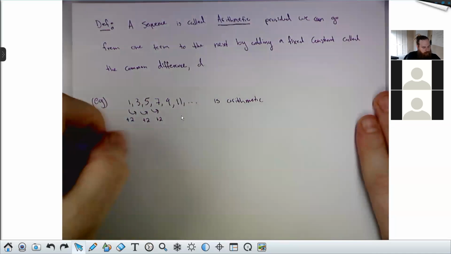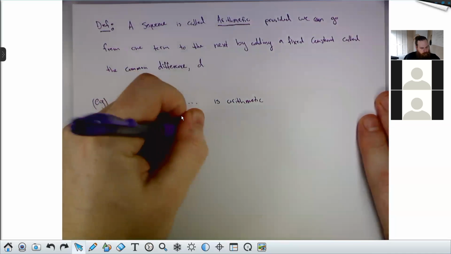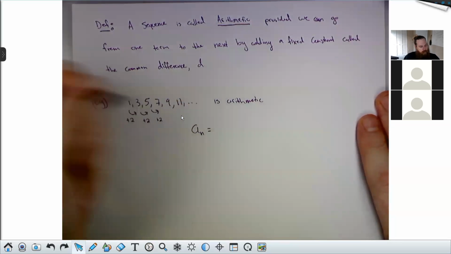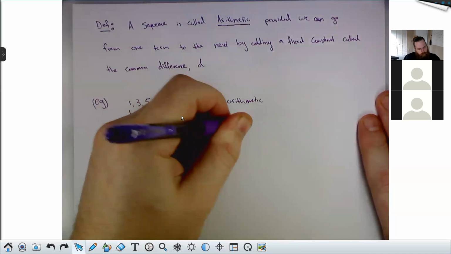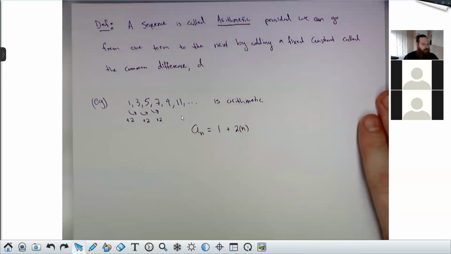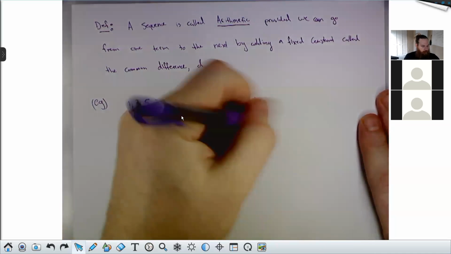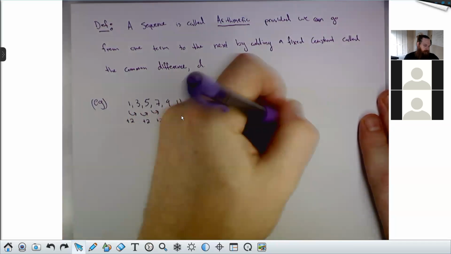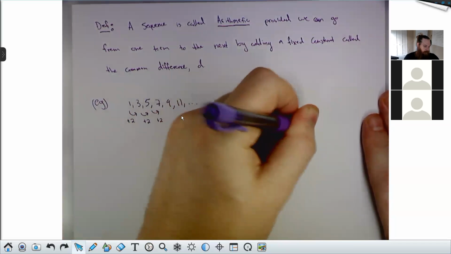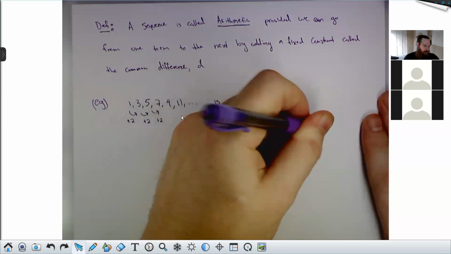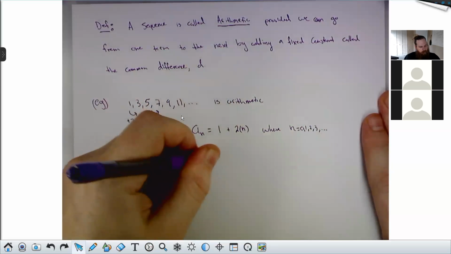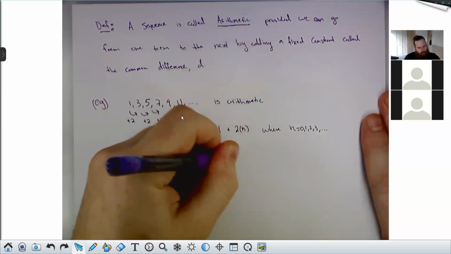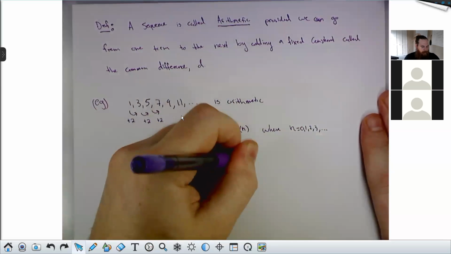Here we notice that we can write the nth term as 1 plus 2n, if you allow n to start at 0. Or if you want n to start at 1, you can write it as 1 plus 2 times (n minus 1).